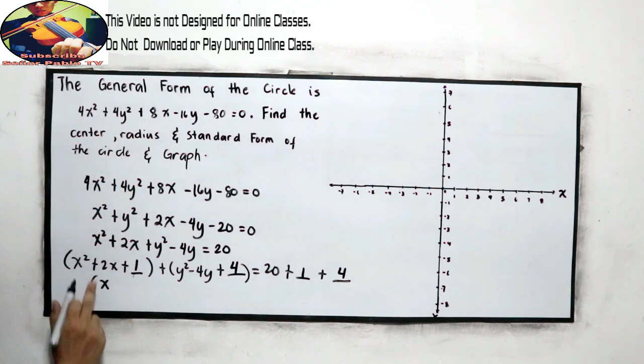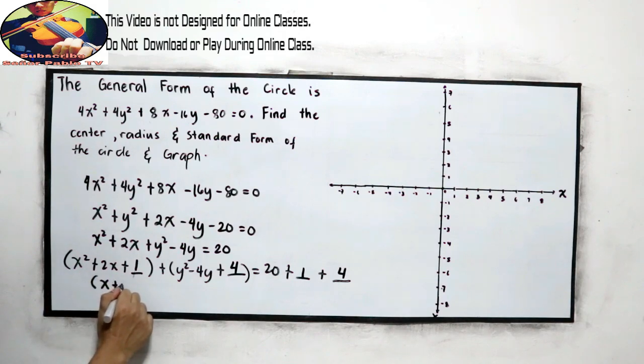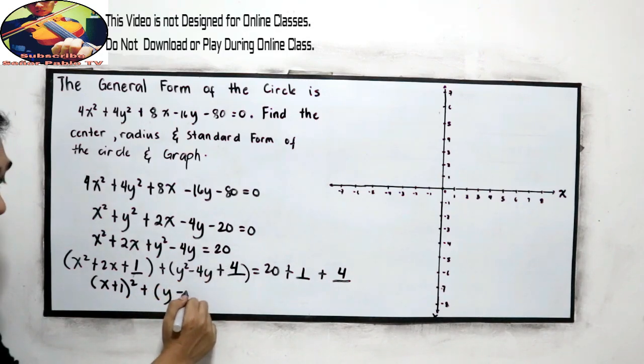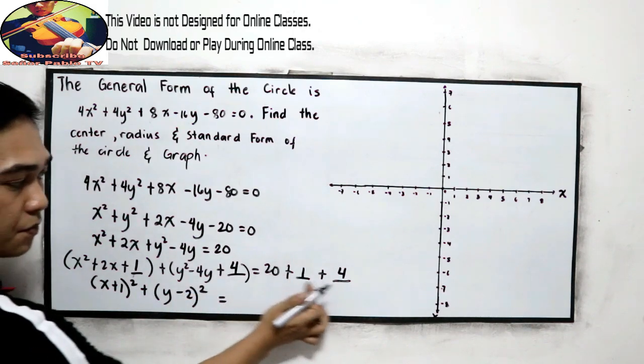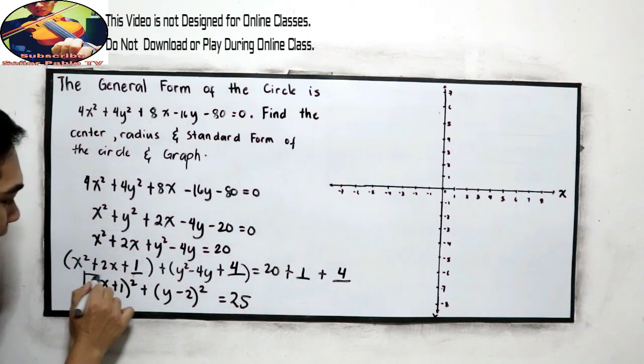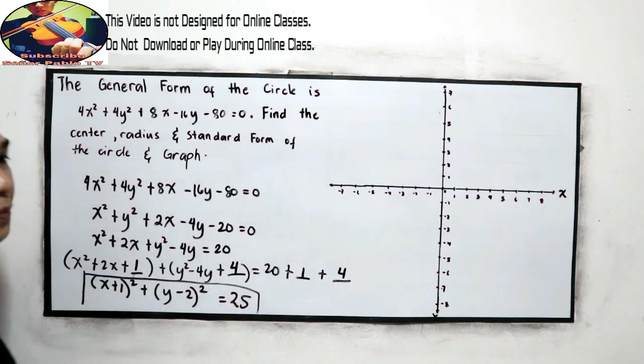So x, sign of the middle term, positive, square root of 1 is 1, squared, plus y minus the square root of 4, that is 2, squared is equal to, add 25. This is our standard form.